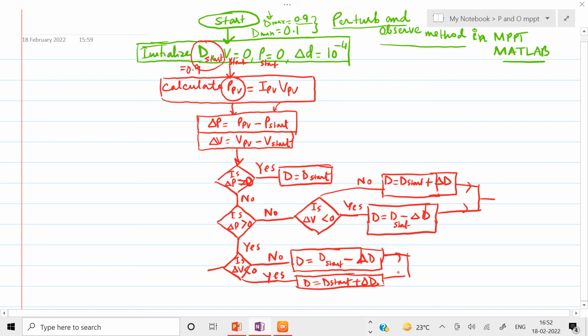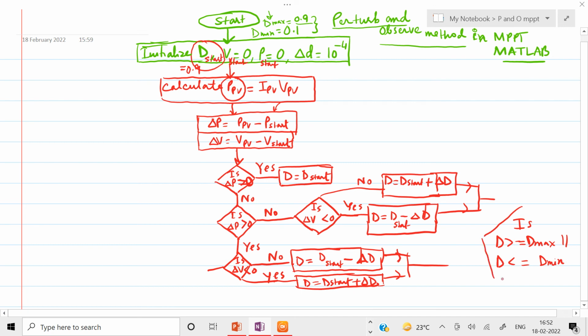So for both of these cases, we have to move to one important constraint I told you, and that constraint is D greater than or equal to D max, or D less than or equal to D minimum.